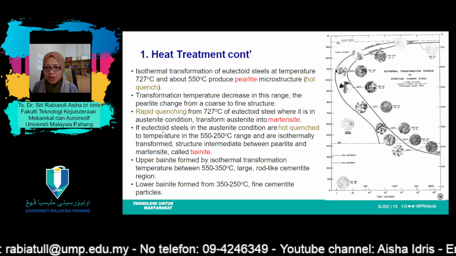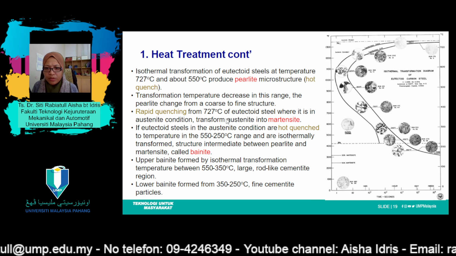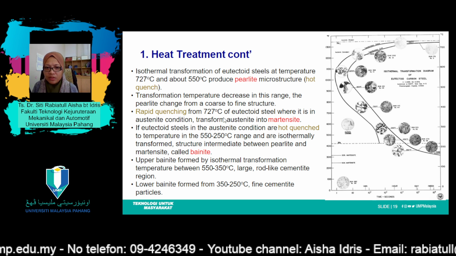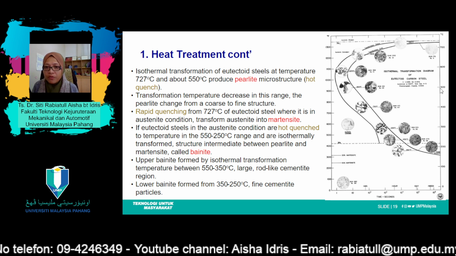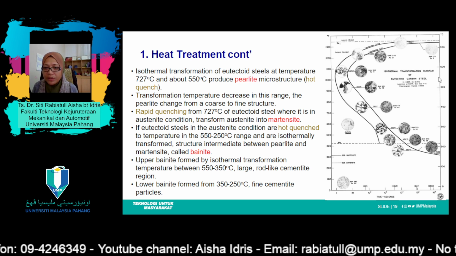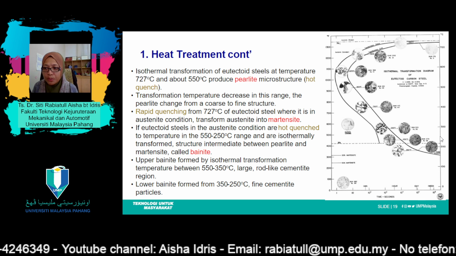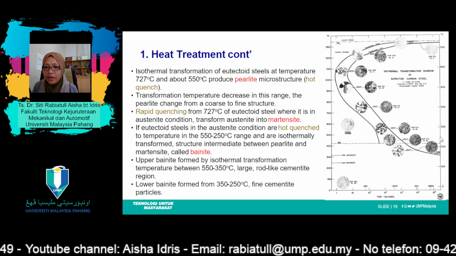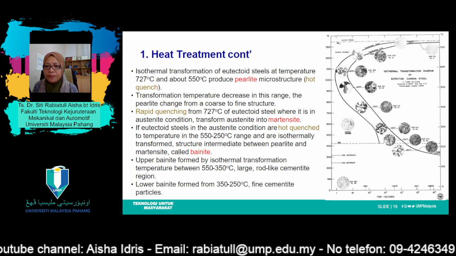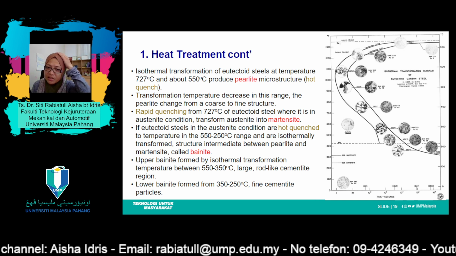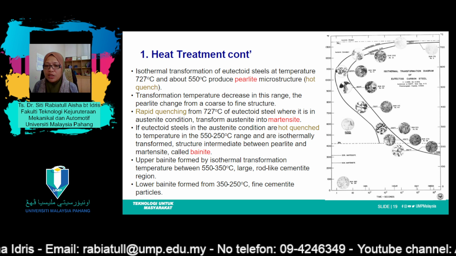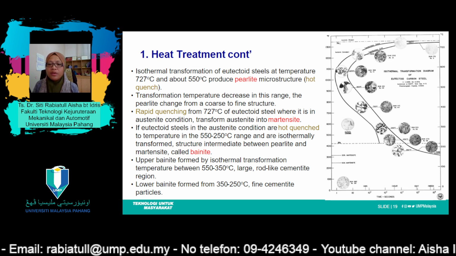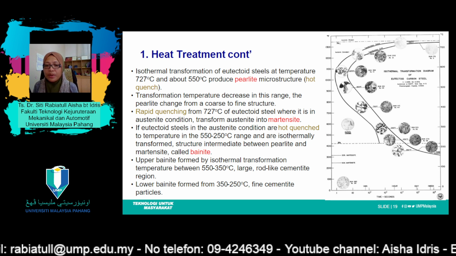After that, from 727 until 550, and from 550 until 250 at this point, the austenite can change into bainite, a structure between pearlite and martensite.